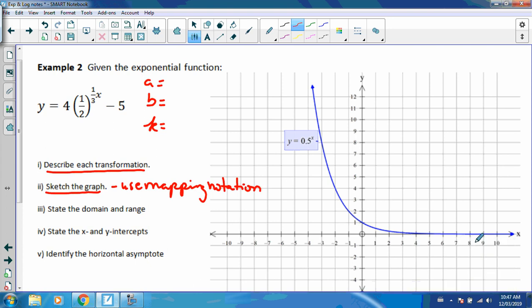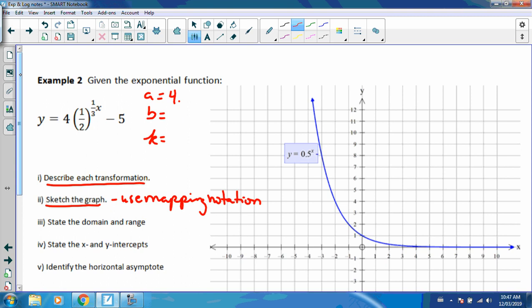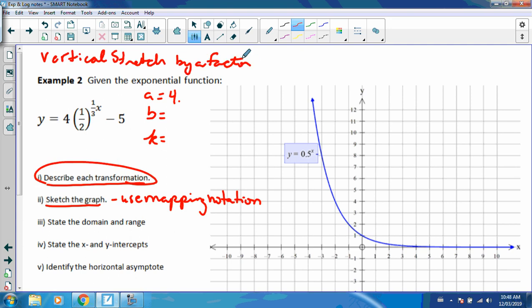Okay, so hopefully you found that A is 4, which means in my description, I'm just going to do that up here, a vertical stretch by a factor of 4. That's A. B is 1/3.